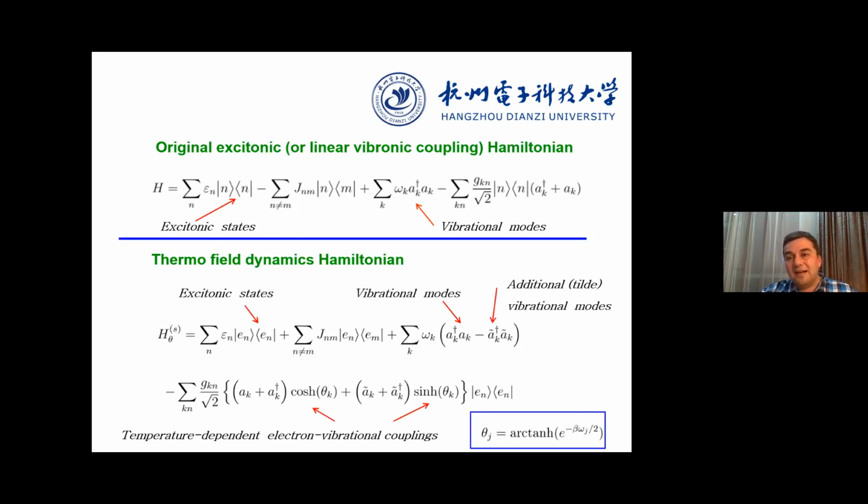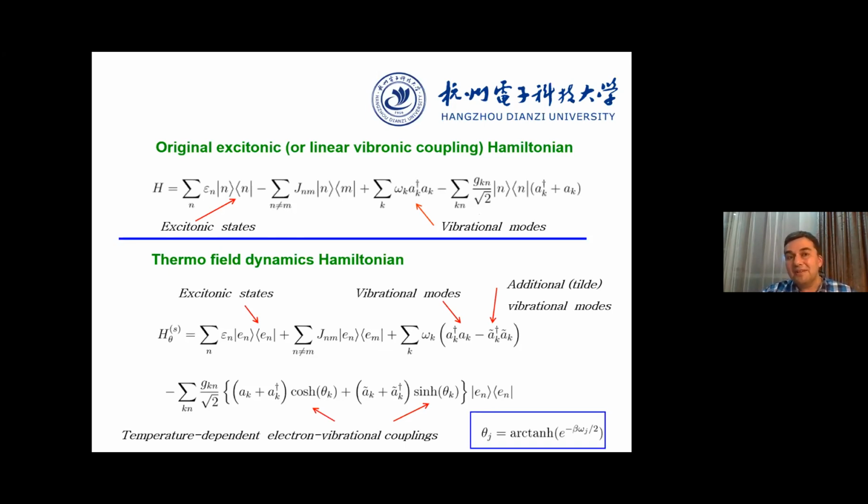And I'm not going to show you mathematical details of this procedure. It's quite beautiful and nice. I just want to share with you the structure of the corresponding Hamiltonians.